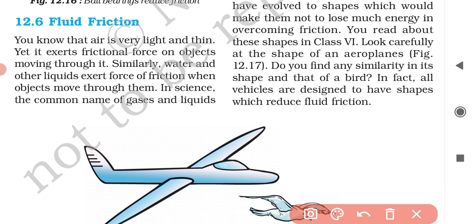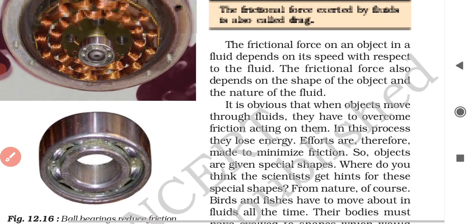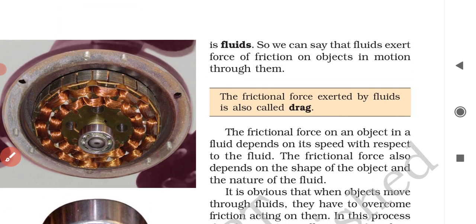Similarly, water and other liquids exert force of friction when objects move through them. So in science, the common name of gases and liquids is fluids. Fluids exert force of friction on objects in motion through them.